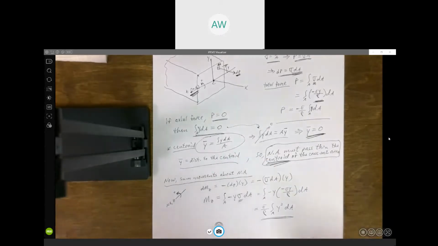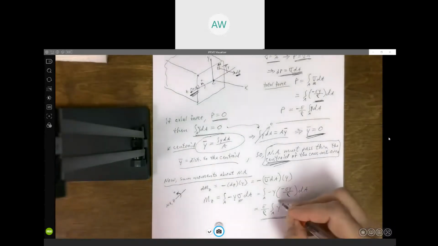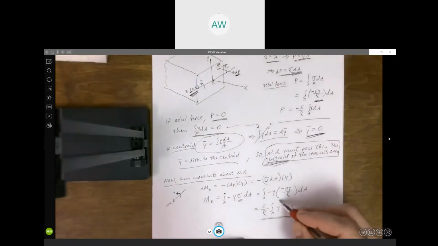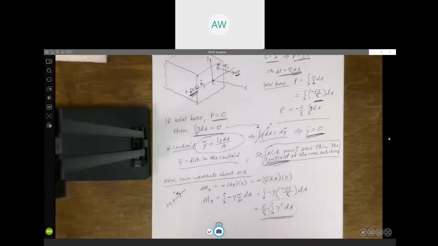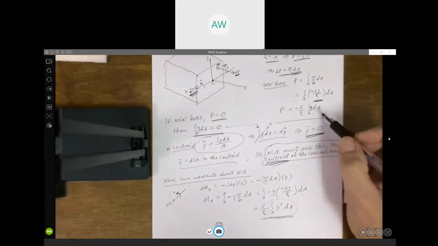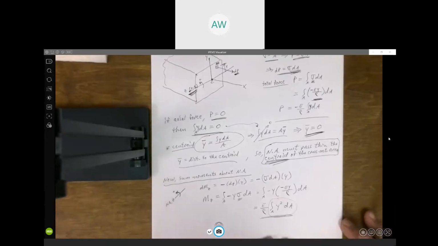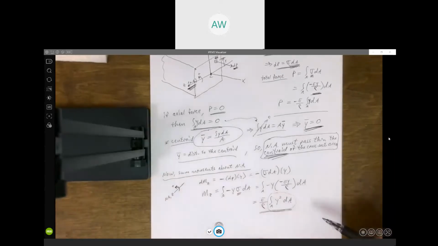Now this integral you should also recognize. Just like the integral up here you had seen before when you did centroids in statics, this integral you also saw in statics. You may or may not recognize it. Anybody? I'll take a pause here. Somebody recognize what that integral is?